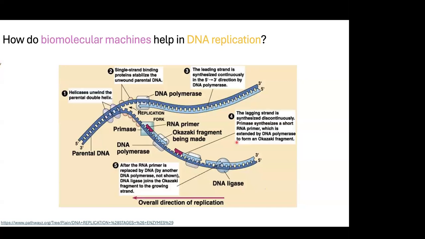And then the second question is a hypothetical one. We can see that the replication process starts from the 5' end to the 3' end, and also the synthesis of the Okazaki fragments.